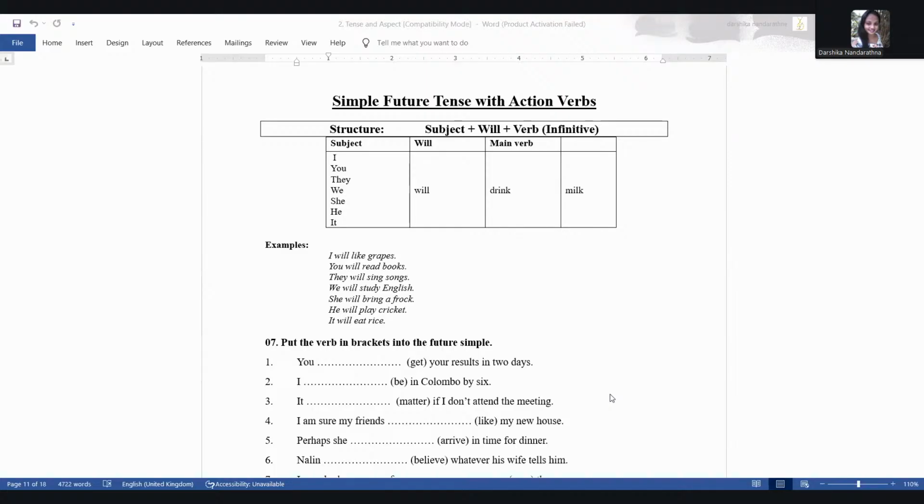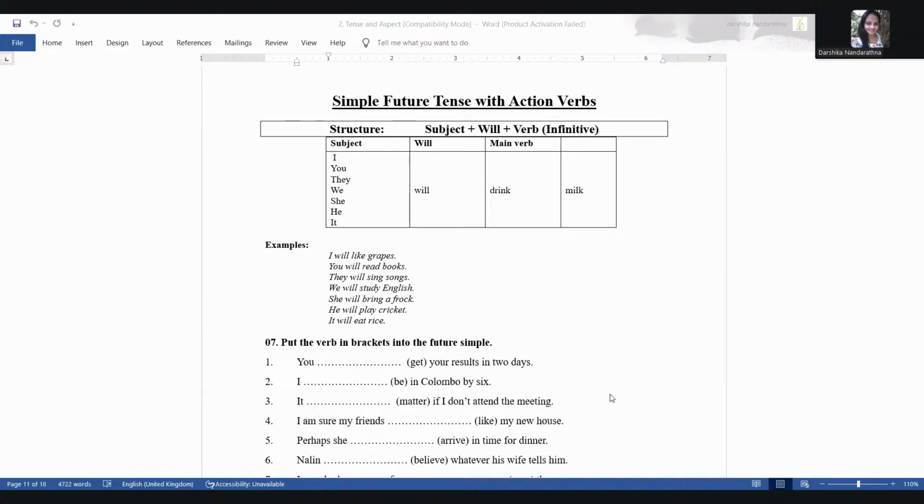So if you use a singular subject or a plural subject, no matter whatever the subject is, you should use will as the helping verb or auxiliary verb, and with that you should use the main verb in its original form. Okay, then I will like grapes, you will read books, we will study English, he will play cricket, it will eat rice. She is singular, so it is not she will brings.